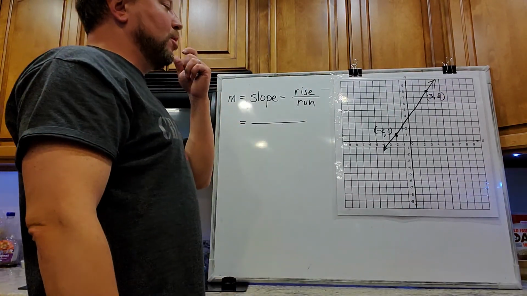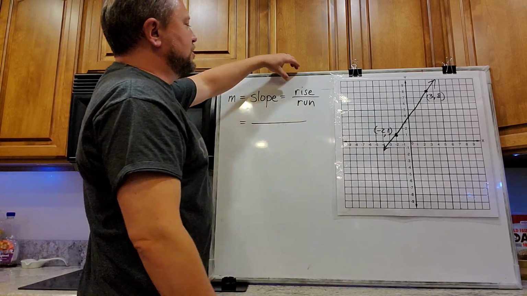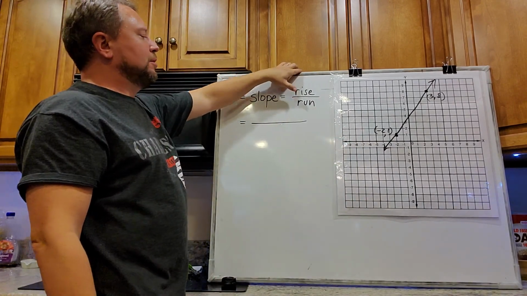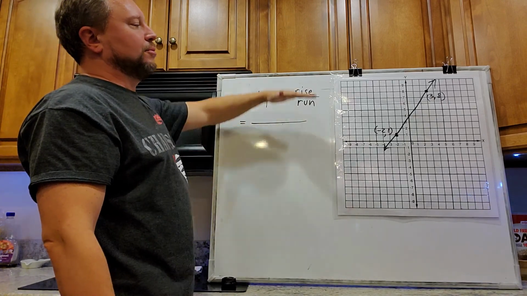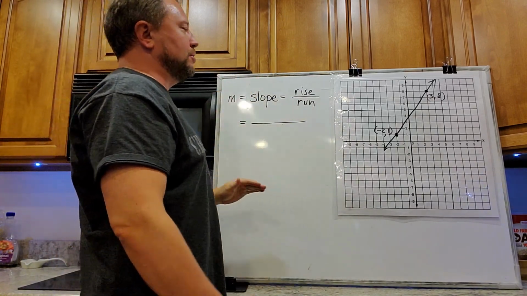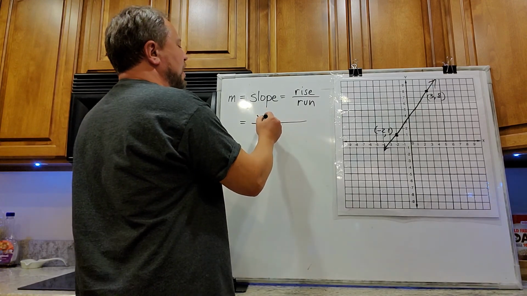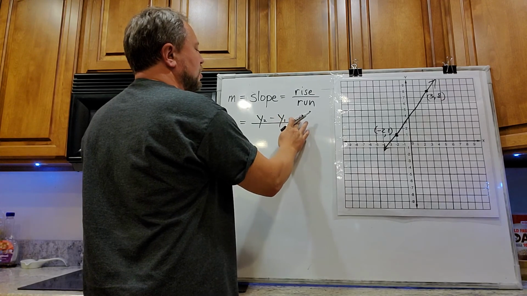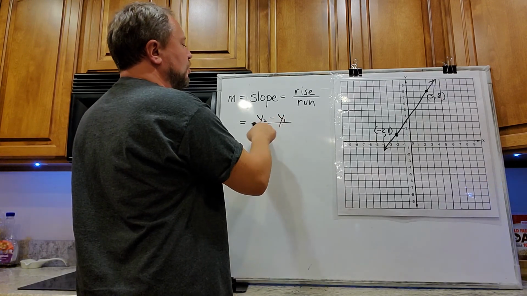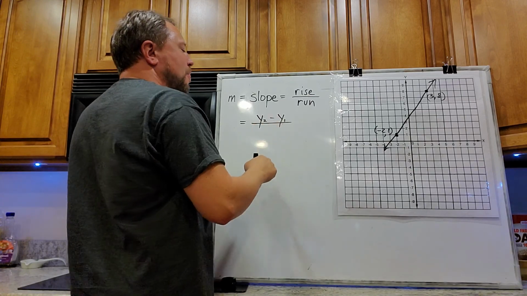The formula for figuring out this slope is to calculate that rise over run. On top, remember we just said rise are values that run up and down. They're Y values. So on top, you're going to be subtracting your Y values. The formula says to take your Y2 and your Y1, your two Y values, and subtract them.